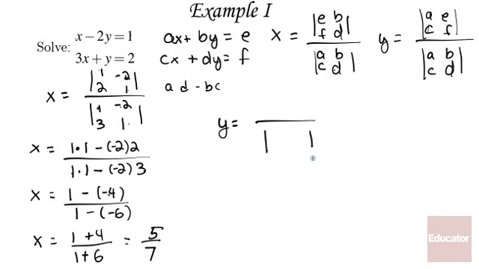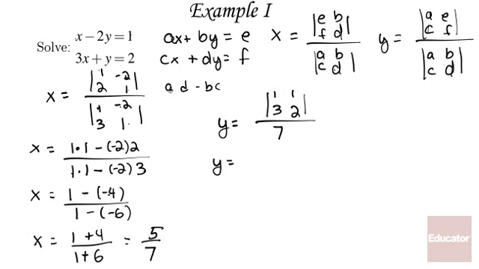Okay. Solving for y is actually going to be easier, because recall that these determinants are the same. The denominator is the same for x and y. Well, I already did all this work finding the denominator, which is 7. So I'm not going to repeat that. I'm just going to get rid of this and write 7 here. In the numerator, in this first column, I'm going to have my coefficients of x, 1 and 3, just like I did in the denominator. However, in the second column, I'm going to replace it with the constants, 1 and 2.